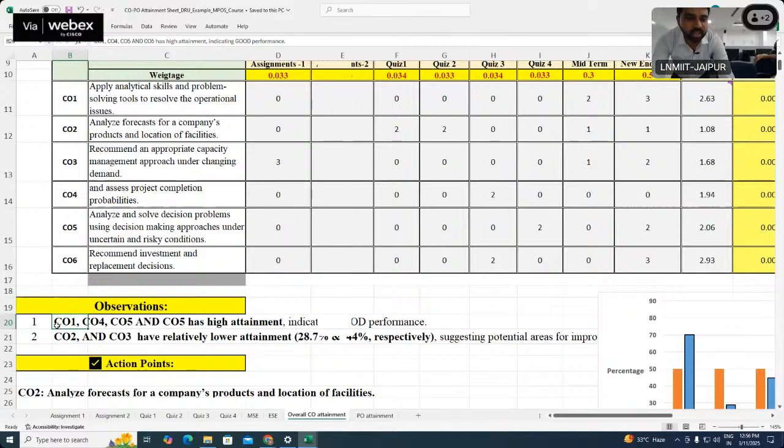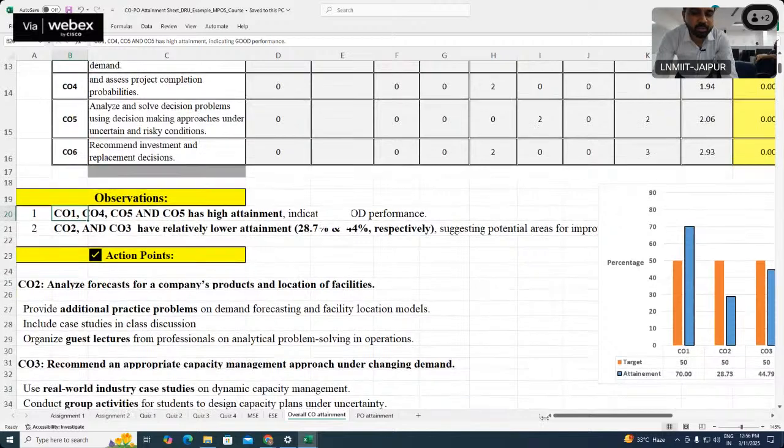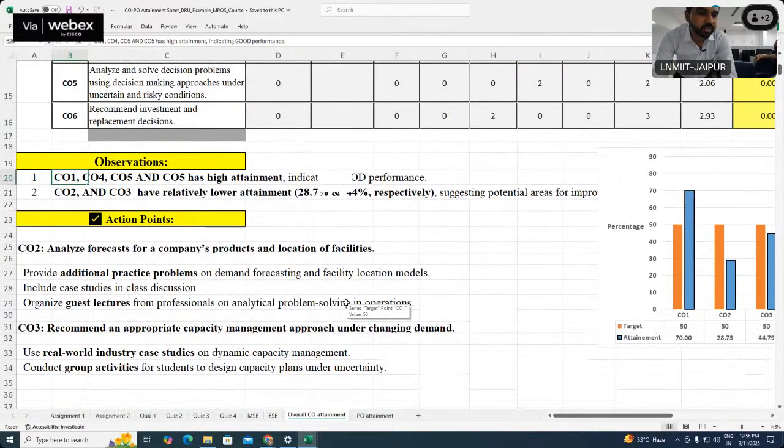So in this case, the teacher has to come up with some action points. Let us say CO2 had only 28% attainment. To get to the next level, what improvement does the teacher need to take?